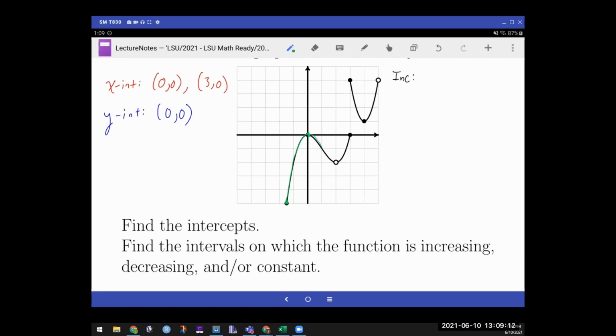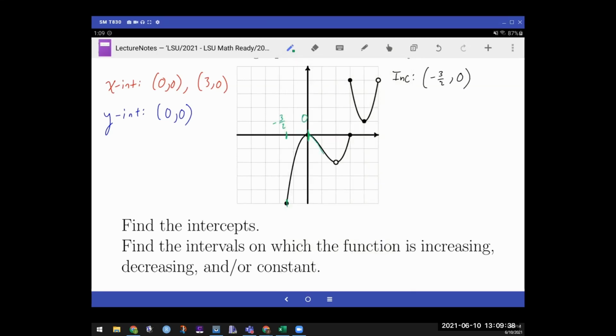So that first little track upward started right about negative 1.5, or negative 3 over 2 if you want to write it as a fraction, and stopped increasing here when x was 0. So this increases from negative 3 over 2, or negative 1.5, to 0.